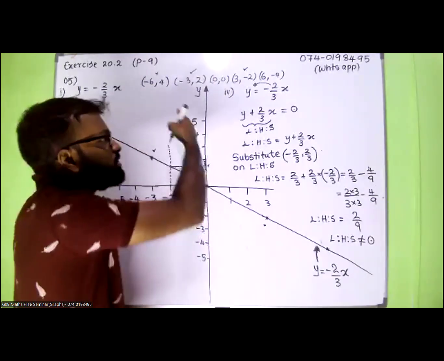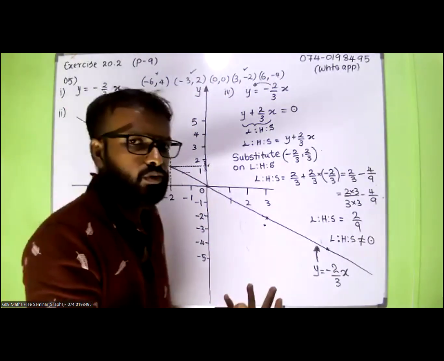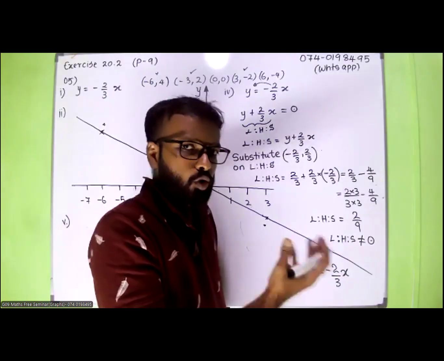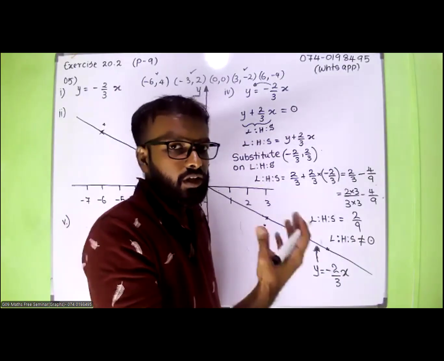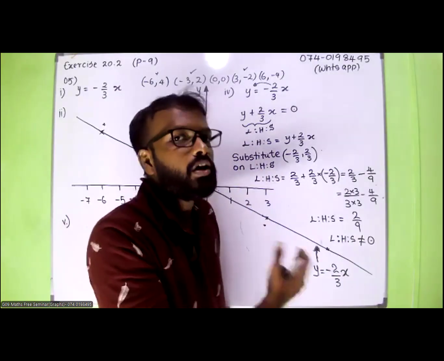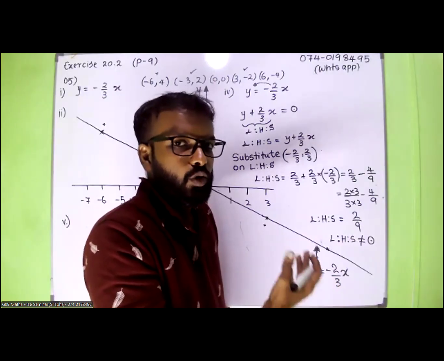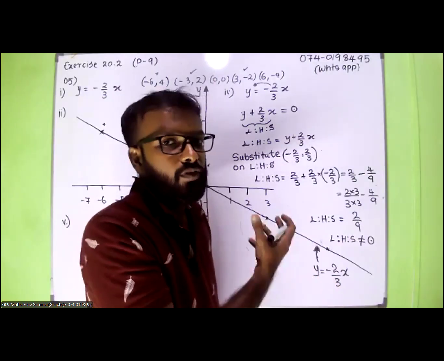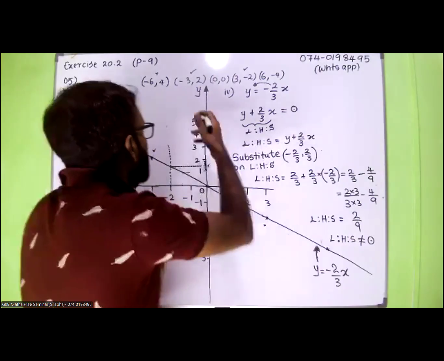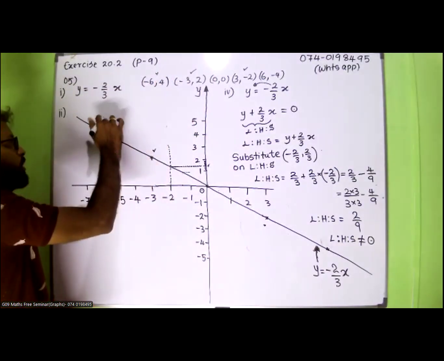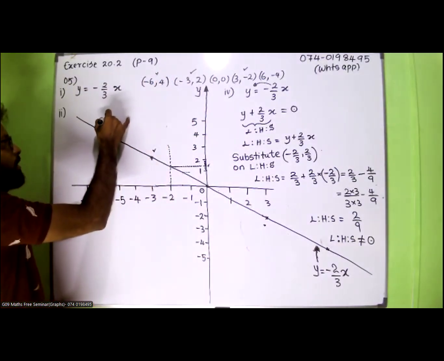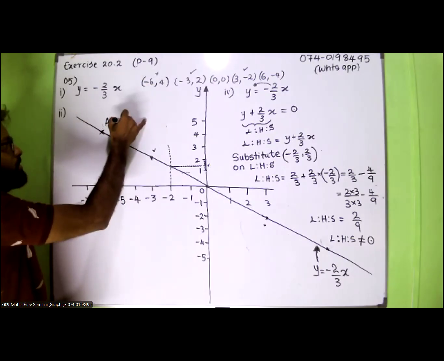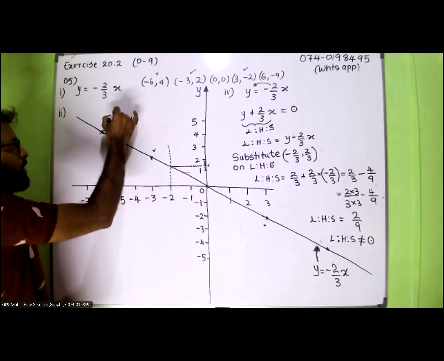So I will choose these 3 points, right? Those 3 points, we know that we use them to draw the graph, so we really know those values. So I will take this point A, minus 6 comma 4, right?